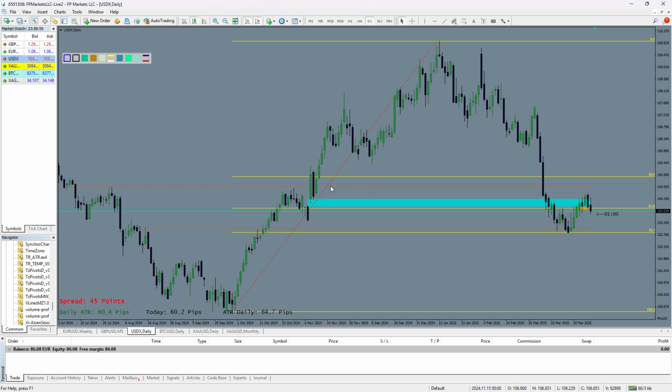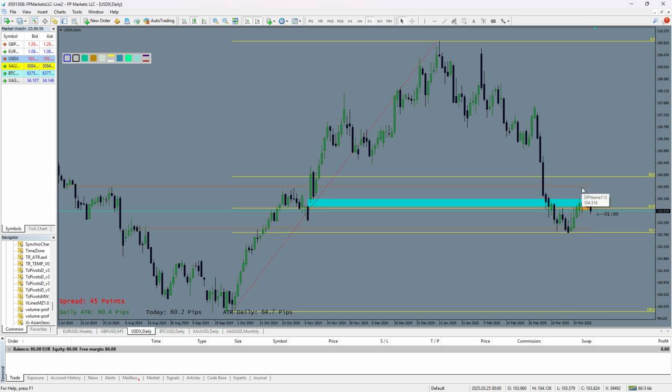The other two rectangles that you see here, this little one and this one, are the closest weekly opening gaps, a weekly opening gap above the price and below it, depending on where the price is right now.